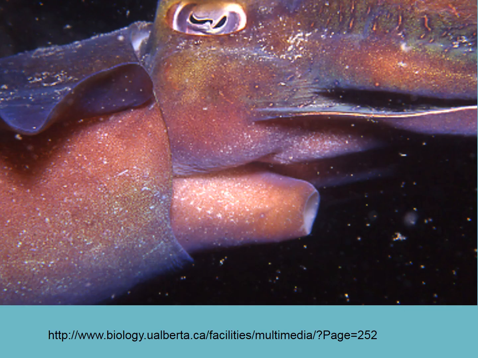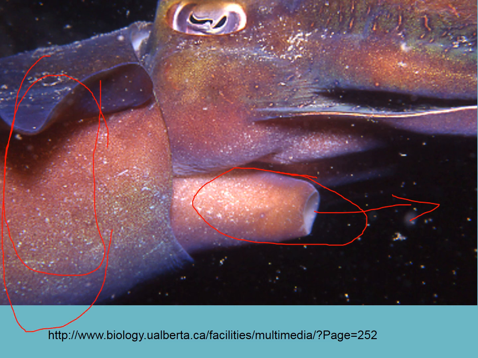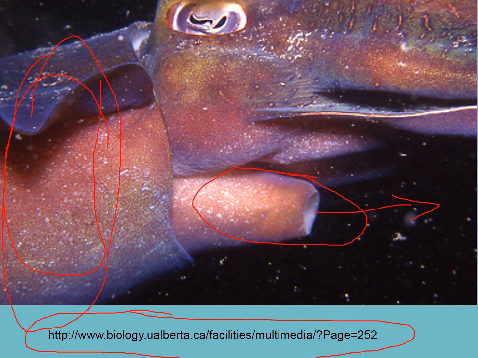And here is a picture of the siphon, and water is jetted out of this when the mantle contracts. All these rings of muscles contract and squeeze water out. And again, I'll put the link to it, but there's another one of these animations to show how a squid siphon works.